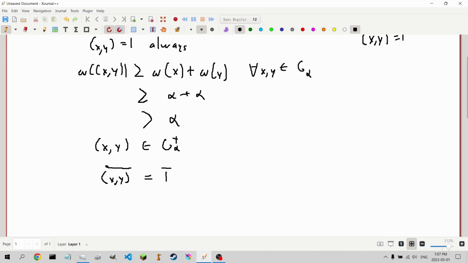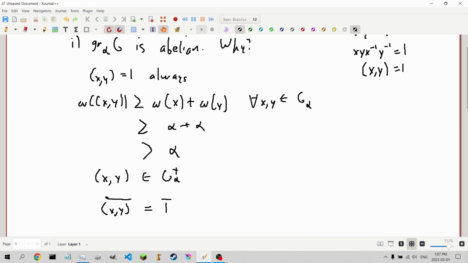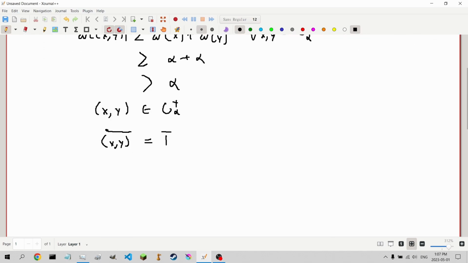And so this is what gives us that GR alpha G is abelian.